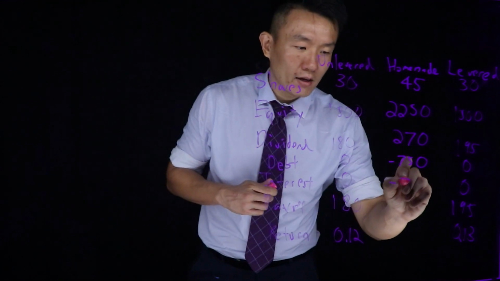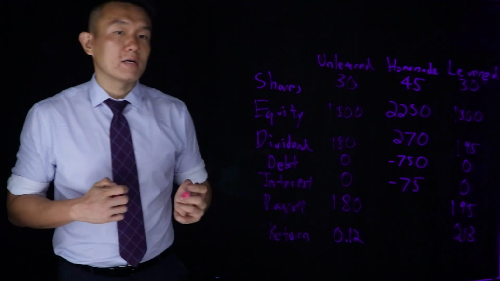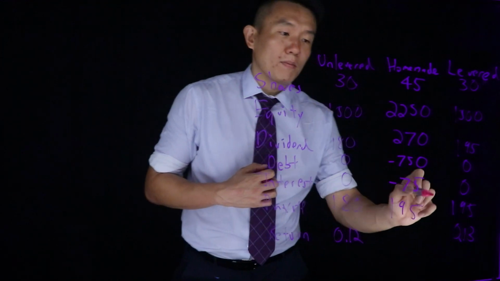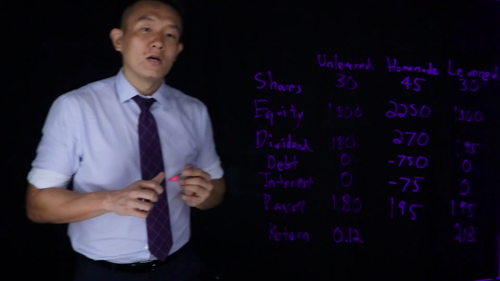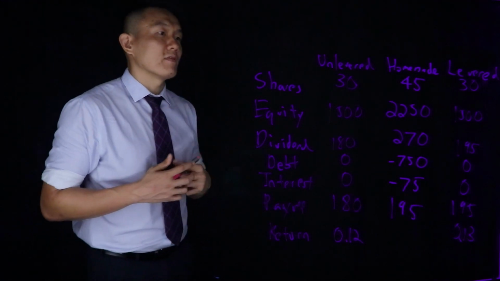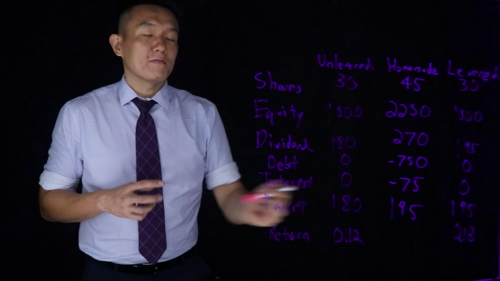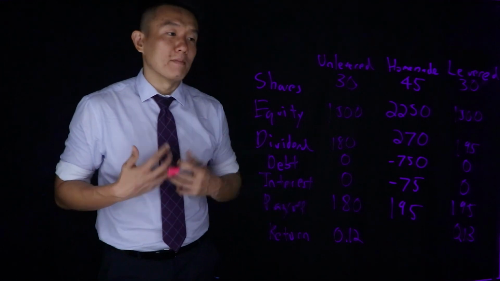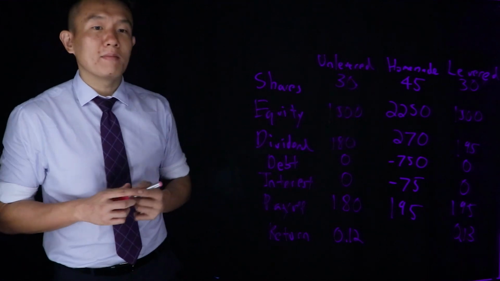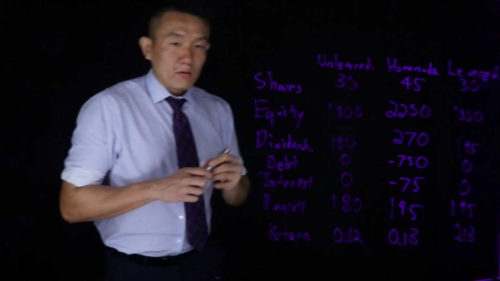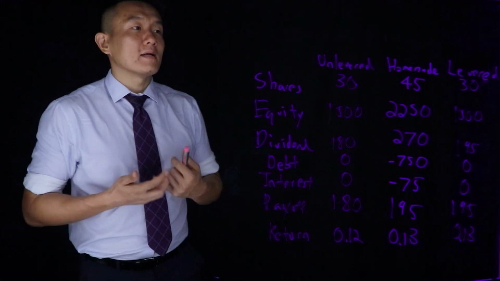So they're having to pay $75 because we're using an interest rate of 10%, and their payoff ends up being $195, which, as it turns out, is exactly the payoff that they would receive if the firm had levered up and borrowed more money instead of them having to do it themselves. So this is an example of homemade leverage.